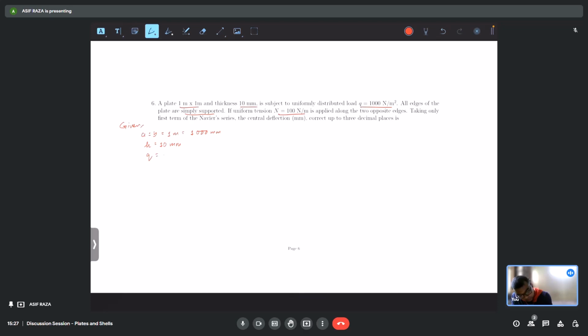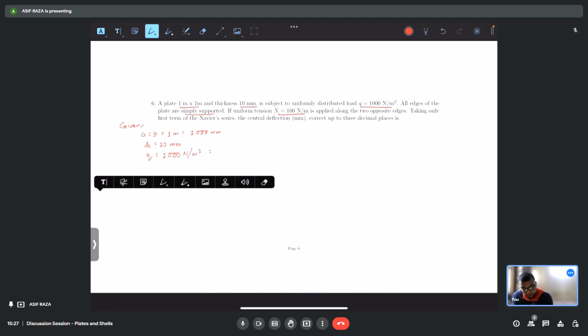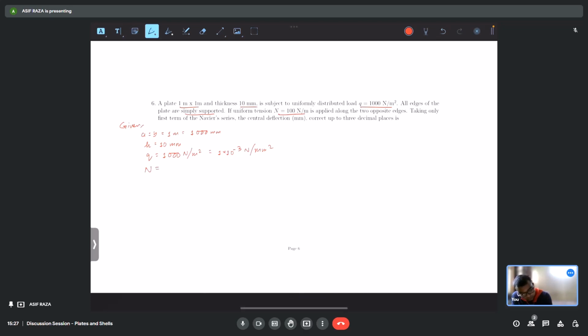Q is equal to 1000 Newton per meter square, so it will be 1 into 10 to the power minus 3 Newton per mm square, and this tension N is applied along two opposite edges.